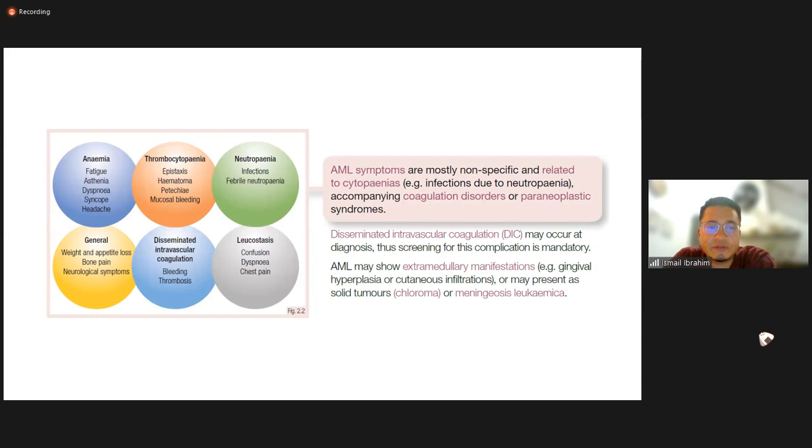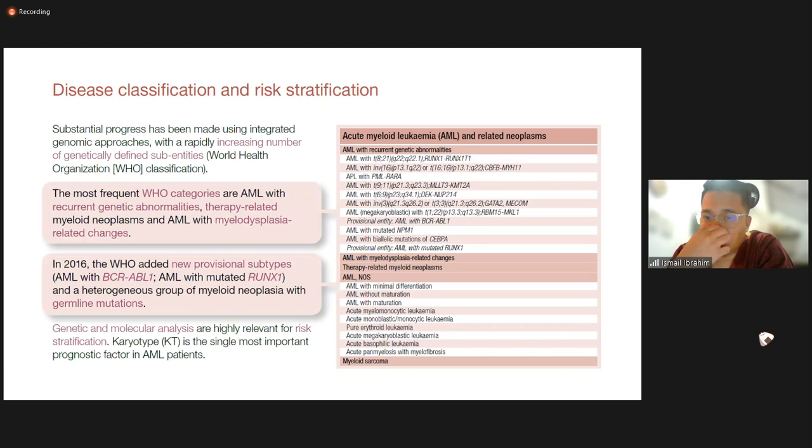So AML has a very non-specific presentation. You can have signs or symptoms of anemia, thrombocytopenia, leukemia. It can also be a bit more dangerous, like the DIVC in APML. Okay. We used to refer to FAB, as we did for ALL, the French American British classification, but not anymore. We are now based on WHO categories.